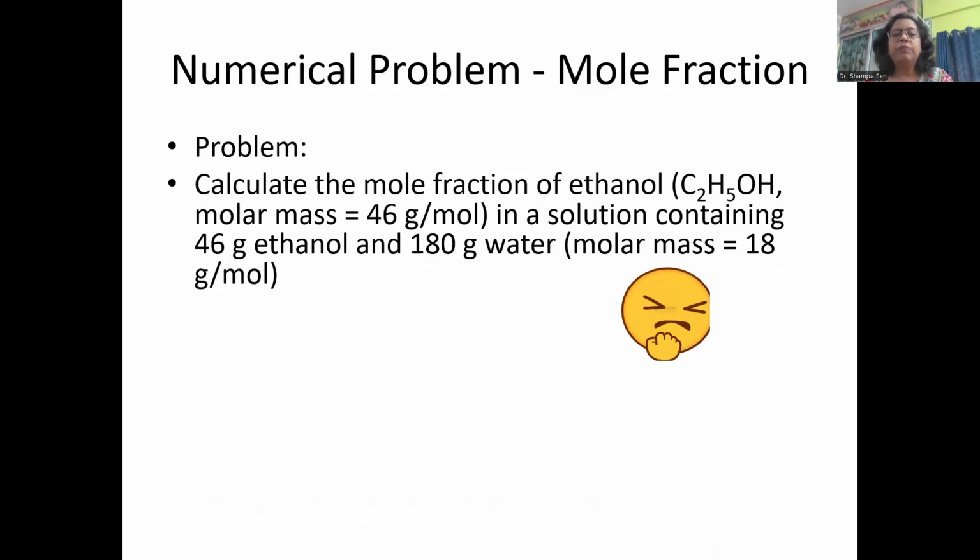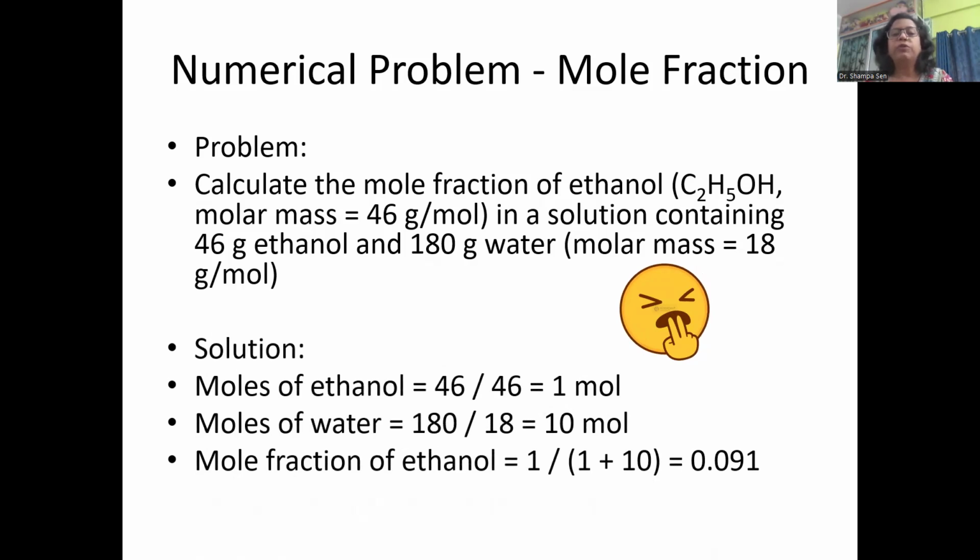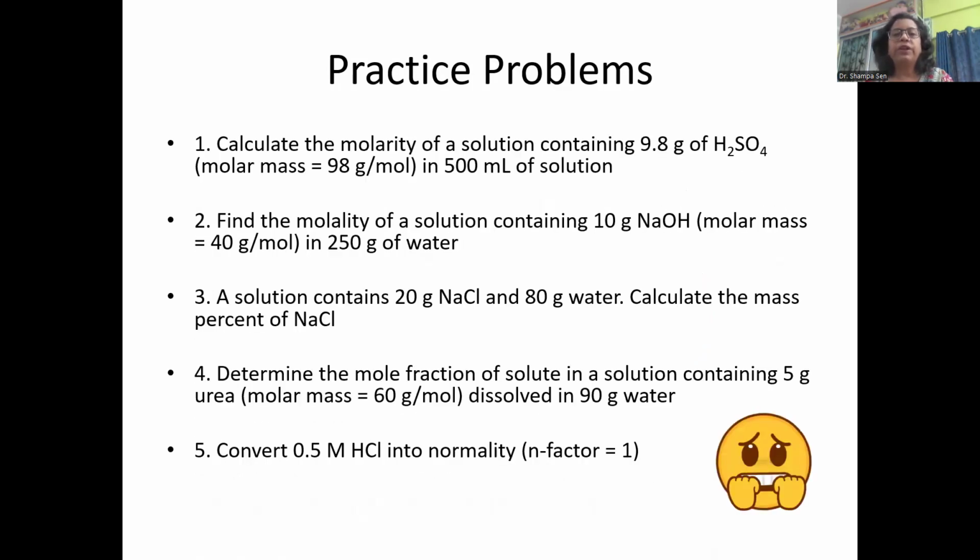So first, number of moles of ethanol we need to find out, right? So let us go for the solution. Moles of ethanol is 1 mole, obviously. Moles of water, 180 gram divided by molar mass, that is 18 gram, so it is 10 moles. Mole fraction will be 1 divided by total moles, 1 plus 10, that is 11. So 1 by 11 is 0.091.